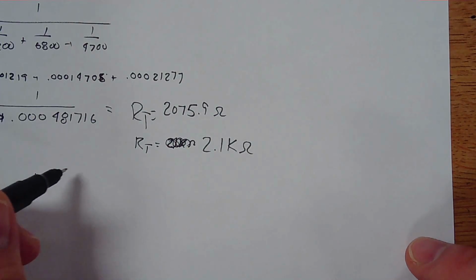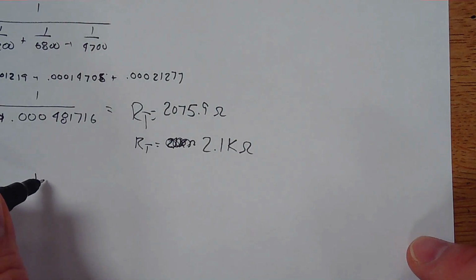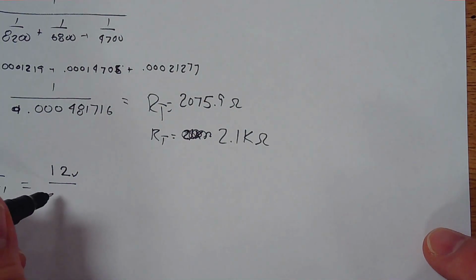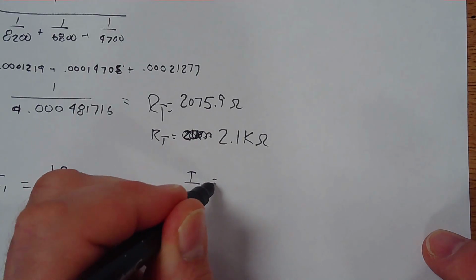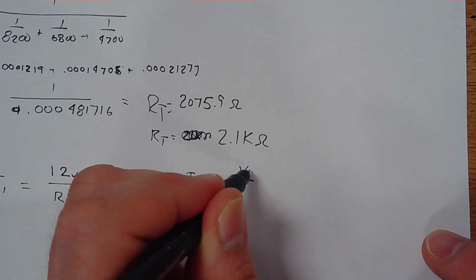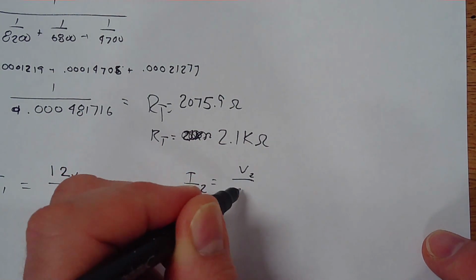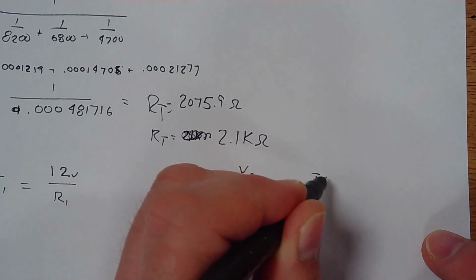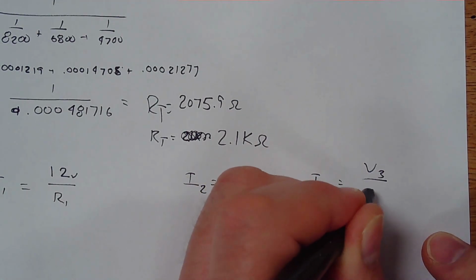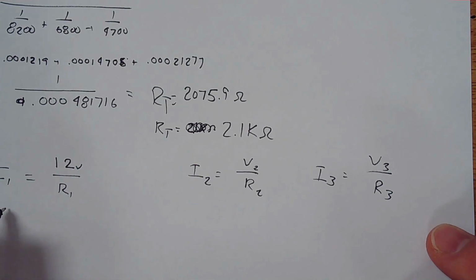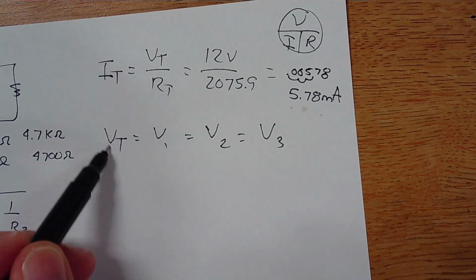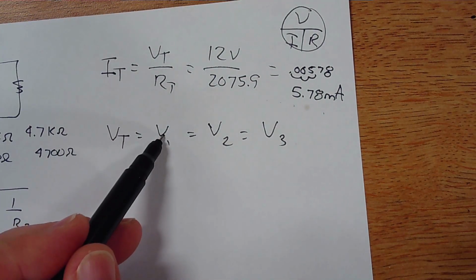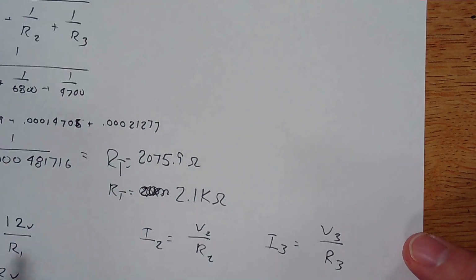Voltage is always the same, so it's always going to be 12 volts over my resistance at 1. I2 is going to equal the voltage at 2 over R2, and I3 is equal to voltage at 3 over R3, okay? Voltage is the same everywhere, right?